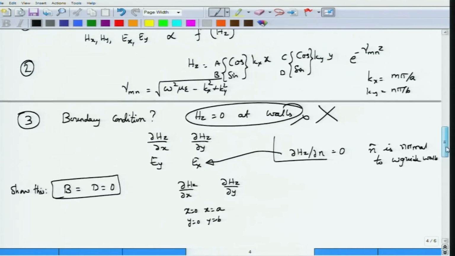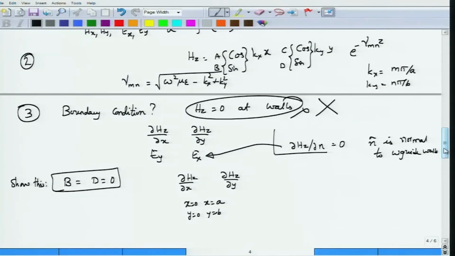It is simple to see: del Hz by del x will turn cos into sine, and that sine at x equal to 0 will vanish this component, but here it would be cos of kx x, which would not vanish. So the only way this can vanish is when b is equal to 0. Similarly, you can show that d must vanish in this expression for Hz.